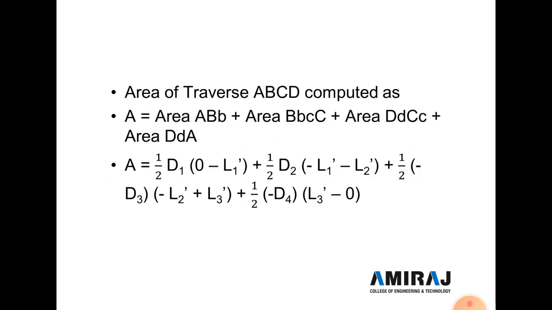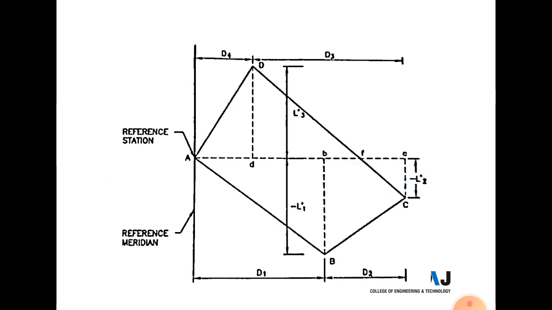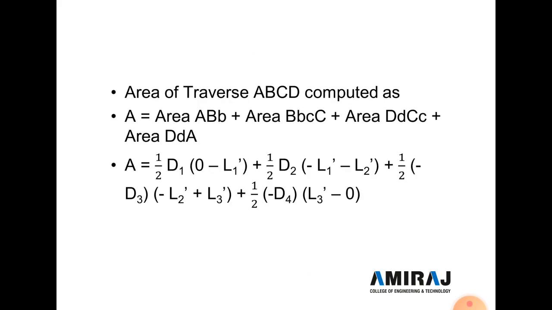Now the area of the traverse ABCD is computed as the area of ABA, similarly BBCC, similarly DCC, and the area of DAD.